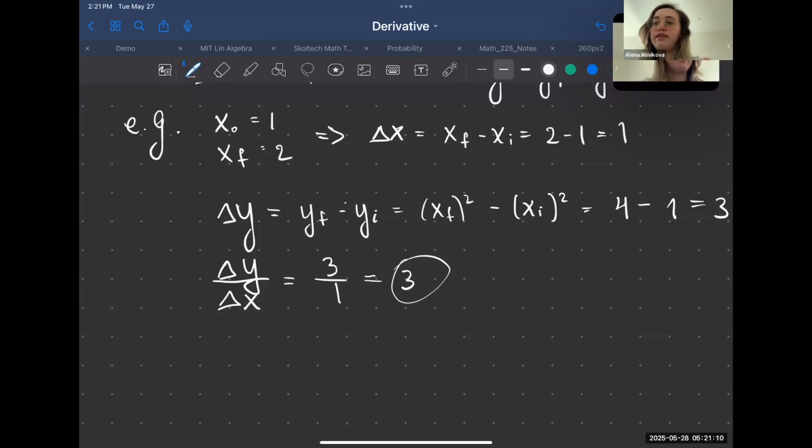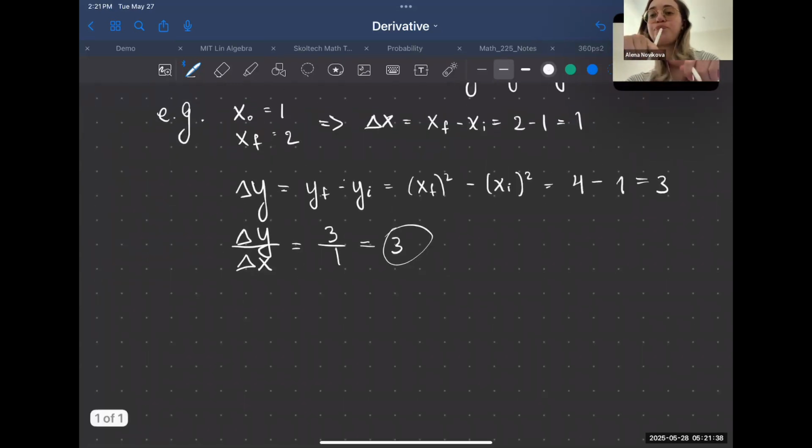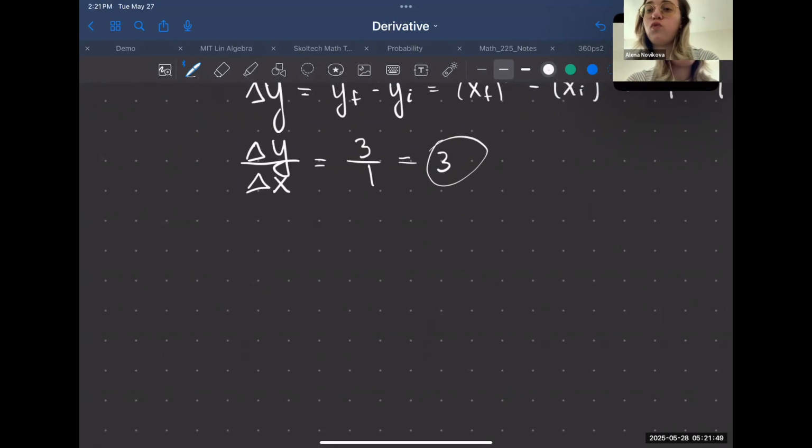Well, that's the change in y compared to the change in x for these initial and final values that we chose. Next question is, what if you want to know the rate of change as the change in x gets smaller and smaller and smaller and smaller?